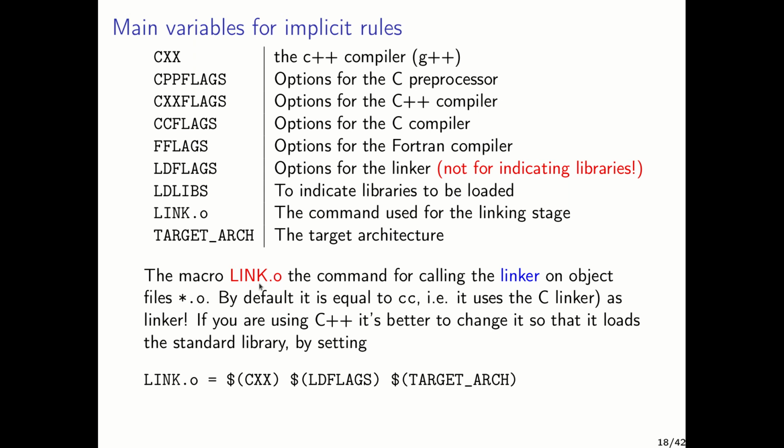The macro LINK.o is the command that Make uses to call the linker. And unfortunately, it has a default. And the default is the C compiler.